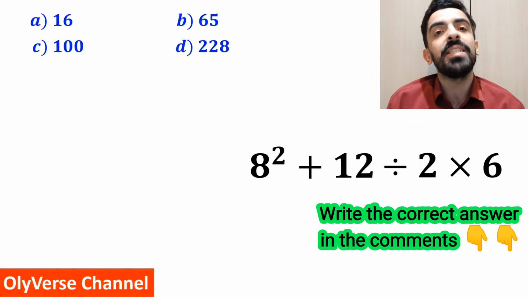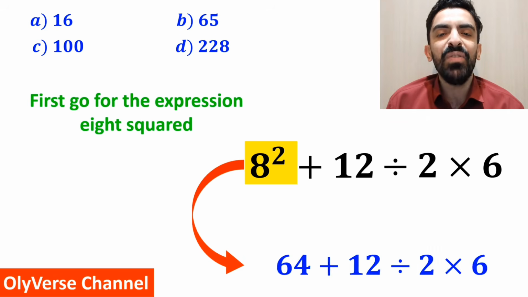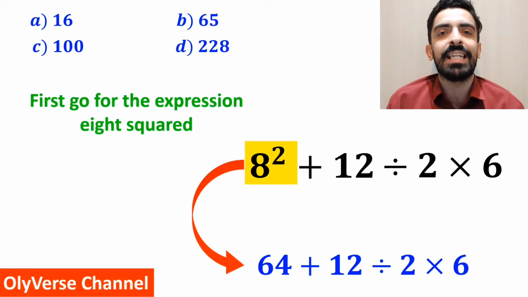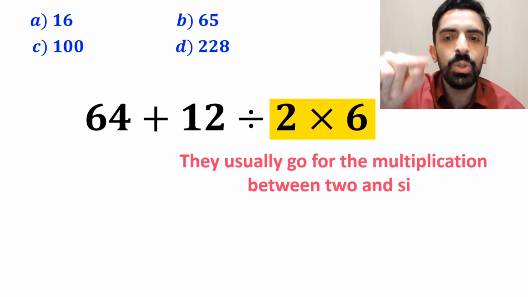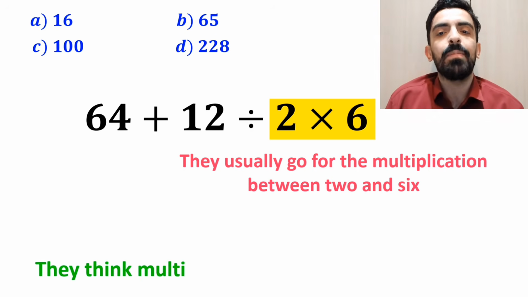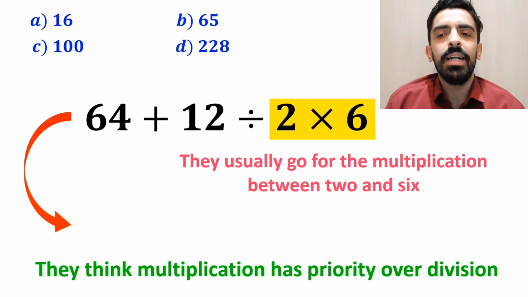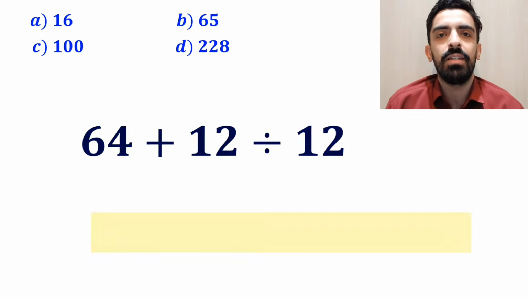Also, some other people when solving this question first go for the expression 8 squared and they simplify to 64 plus 12 divided by 2 multiplied by 6. In the next step, they usually go for the multiplication between 2 and 6 because they think multiplication has priority over division. So, they rewrite this expression as 64 plus 12 divided by 12.